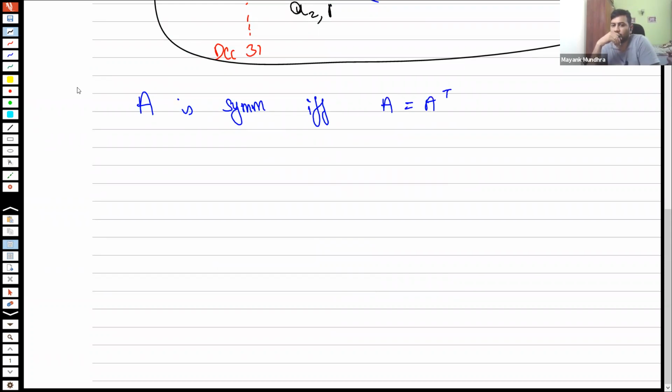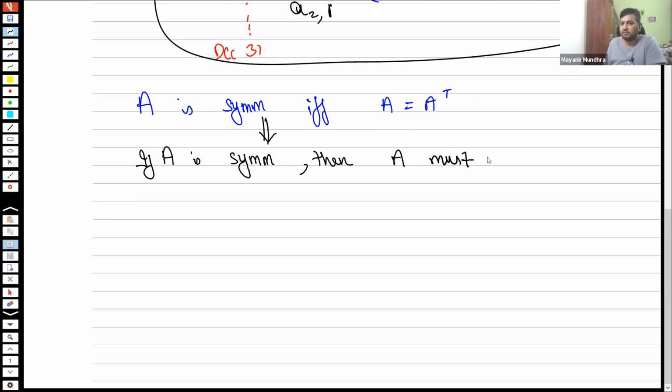Okay. So this automatically leads to a conclusion that if A is symmetric, then A must be a square matrix.